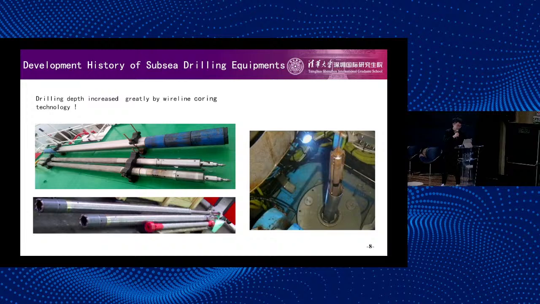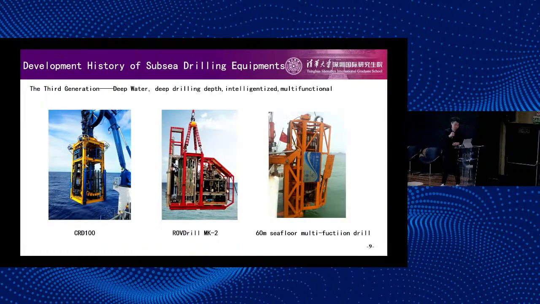As we can see from this photo, the wireline coring technology requires precise coordination among all of the systems and drilling rig. So there is a certain requirement for programmable and visual monitoring. Hence, the second generation drilling rigs not only go deeper but are also intelligent to some extent.